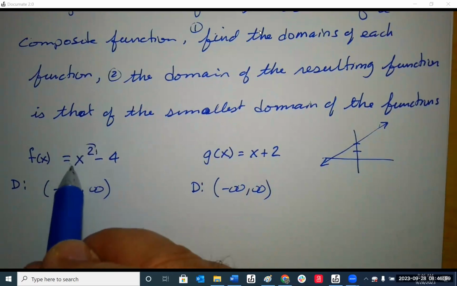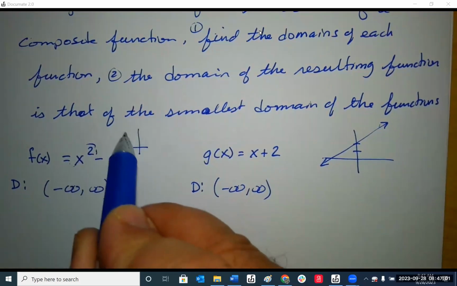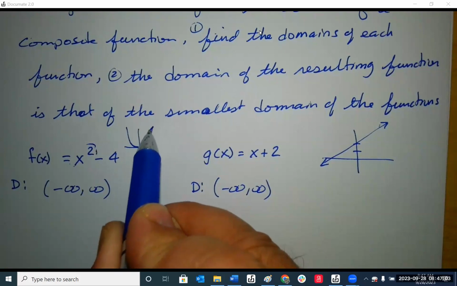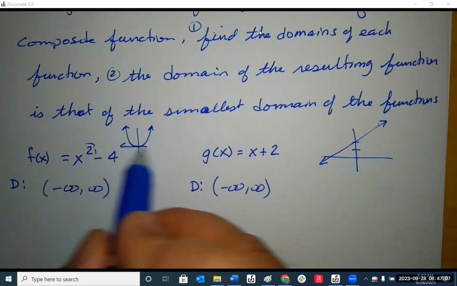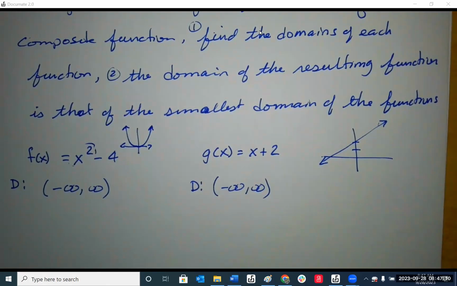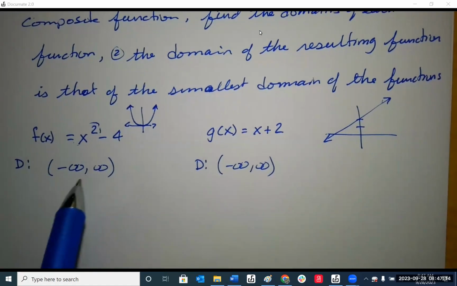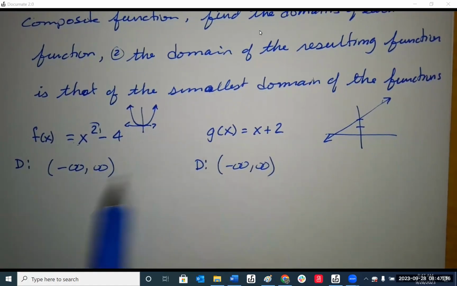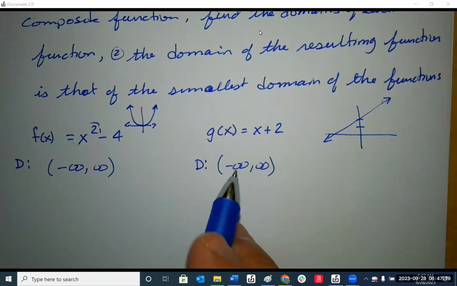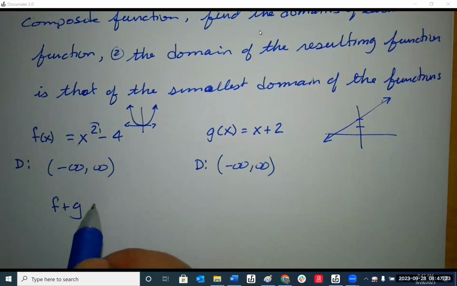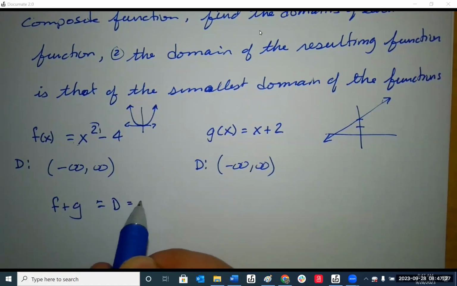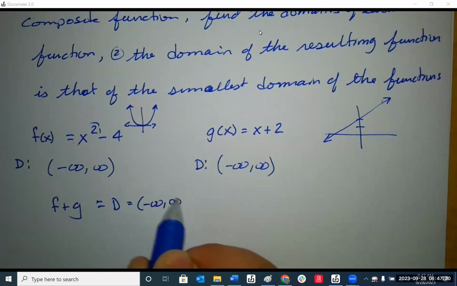The x squared function looks like this. X goes on forever and ever both ways. So since the domain of both of these equations is from negative infinity to positive infinity, the domain of this one is negative infinity to positive infinity.